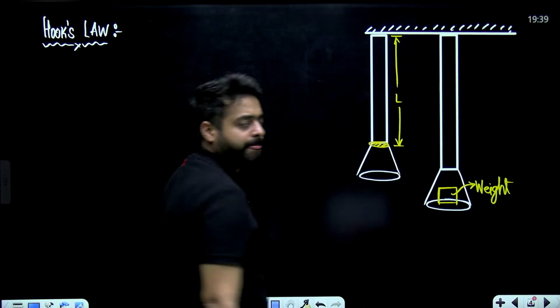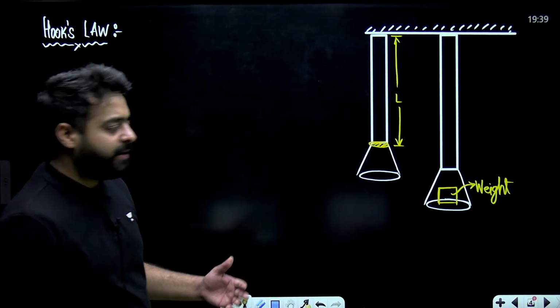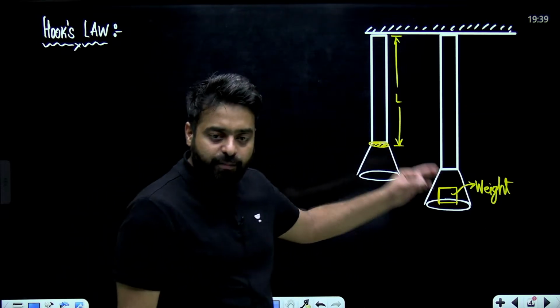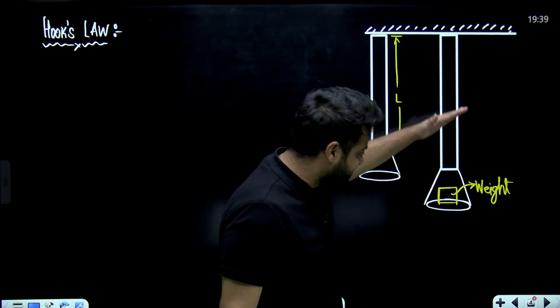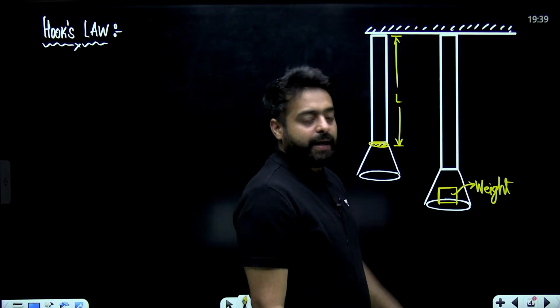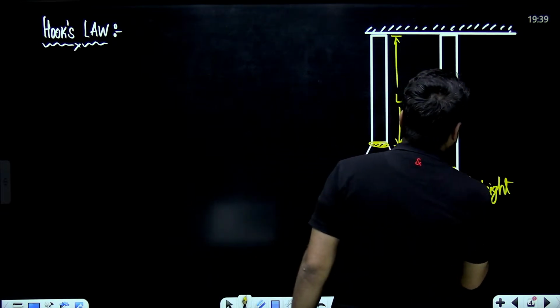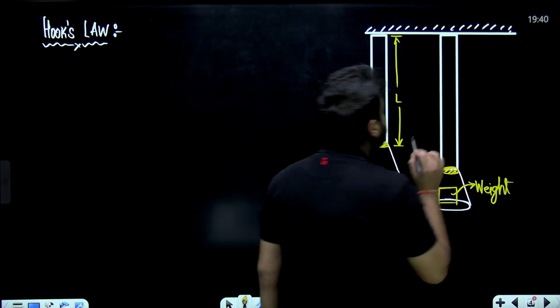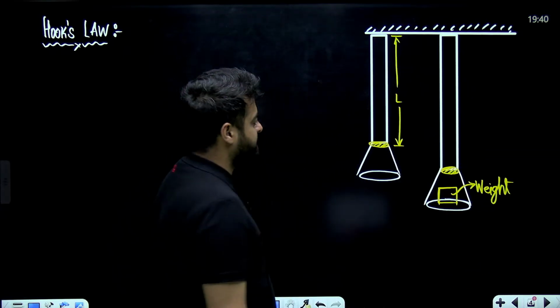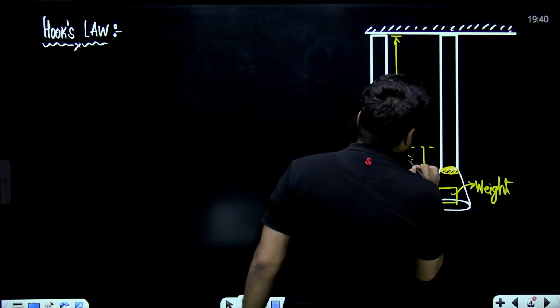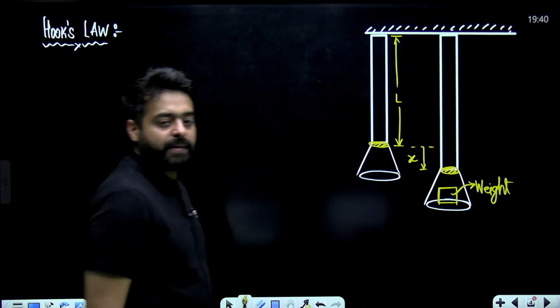In the second part, they put some weight on that hook. As they put the weight, what happened? It got extended. And they found that the length increased by some amount, but the area also decreased.